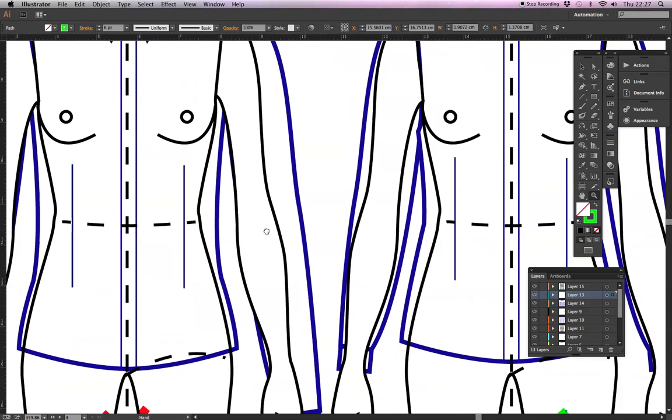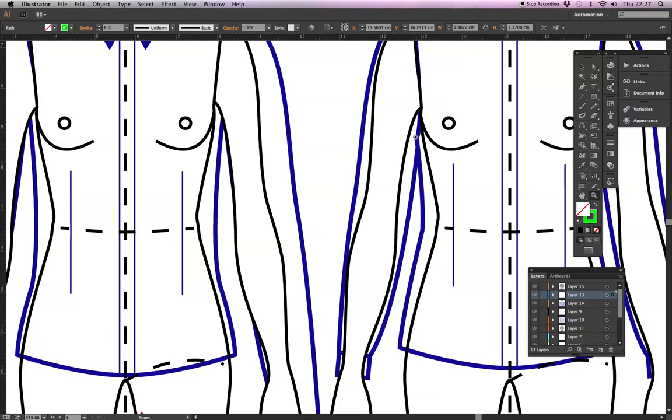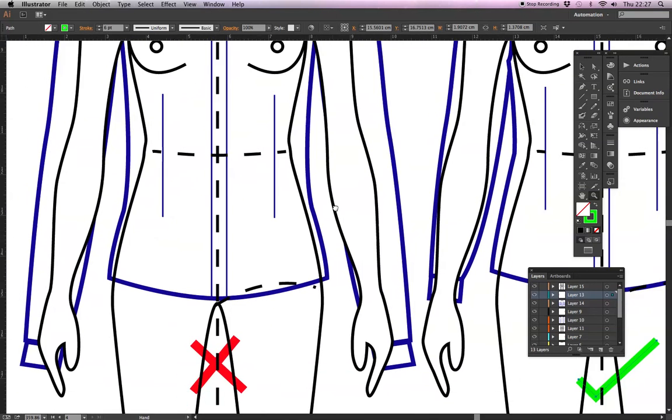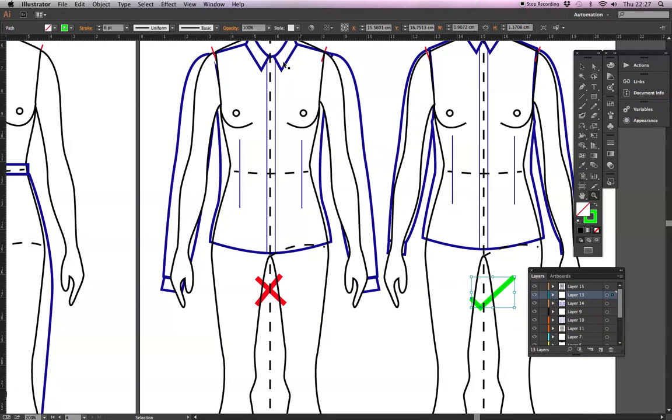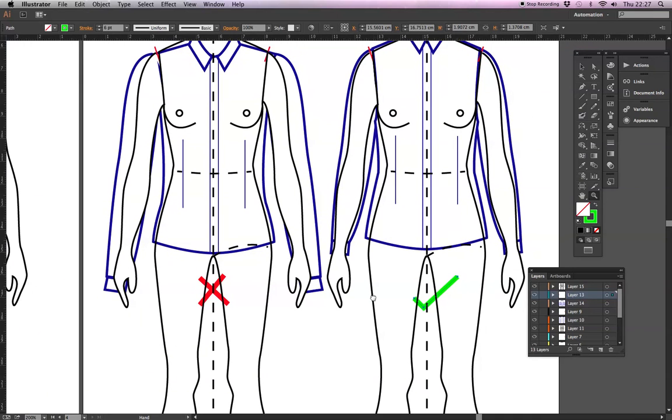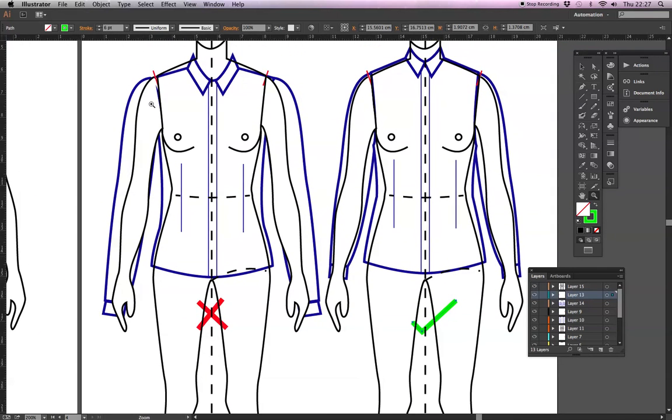Let me show you the one next to it. So you can see how it goes in at the waist, then it comes back out. Whereas this one, it goes further down, then it goes in, then it comes back out. It's not correct. Last but not least, we can see that our sleeves are far too long. And so this is the incorrect sketch to use.